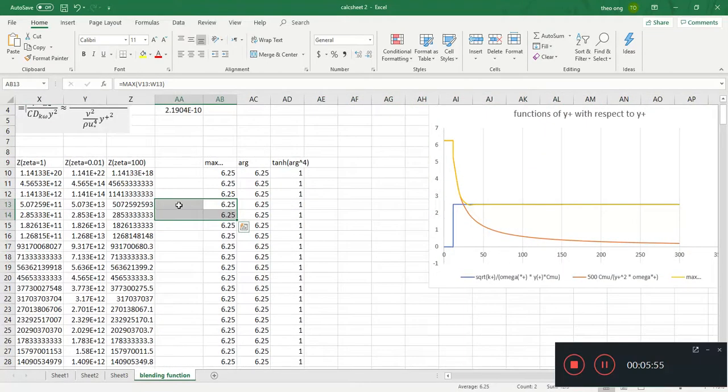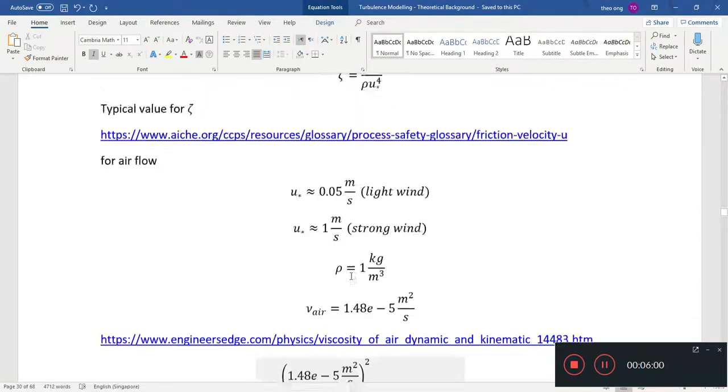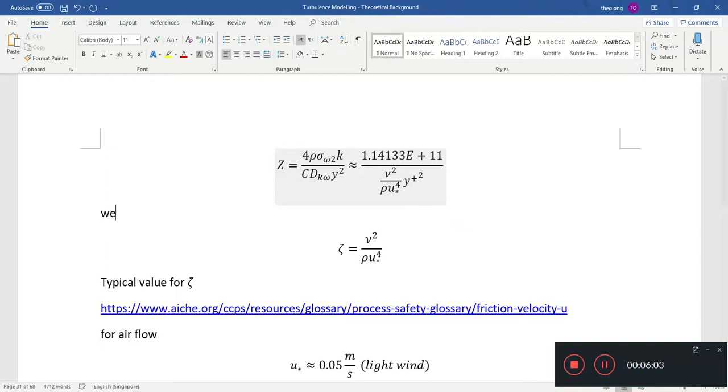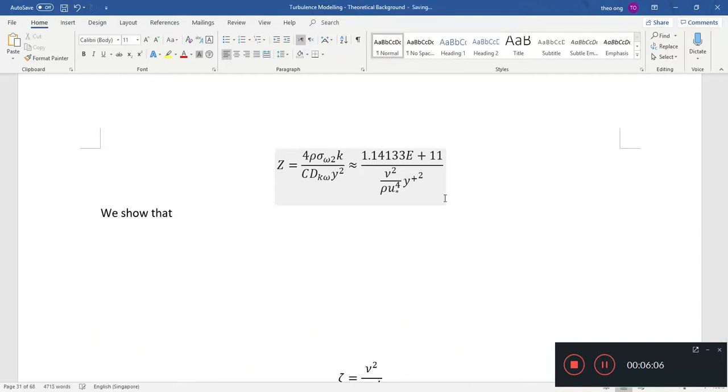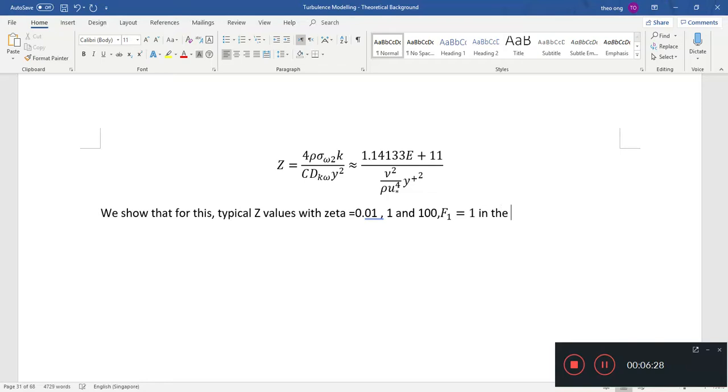We show that for these typical z values with zeta equal to 0.01, 1, and 100, F1 equals 1 in the boundary layer, which is what we want. F1 equals 1 means the k-omega model.